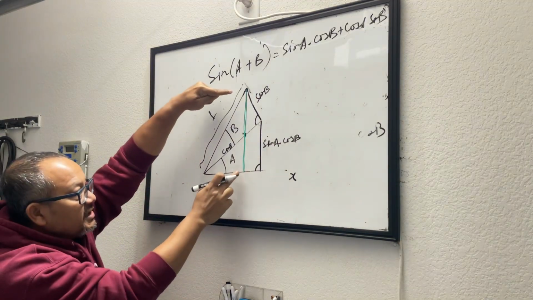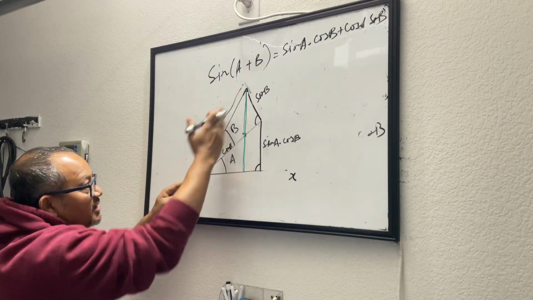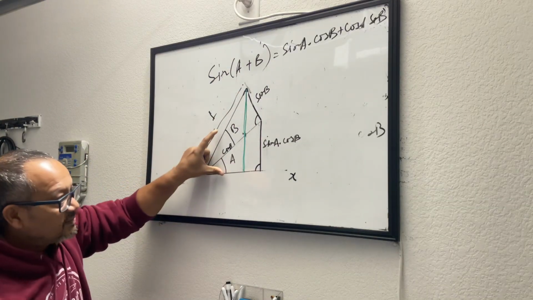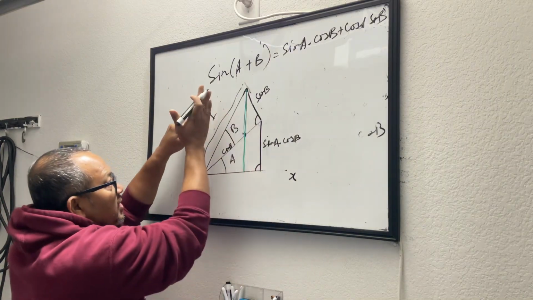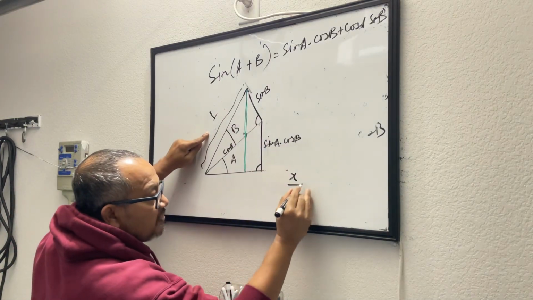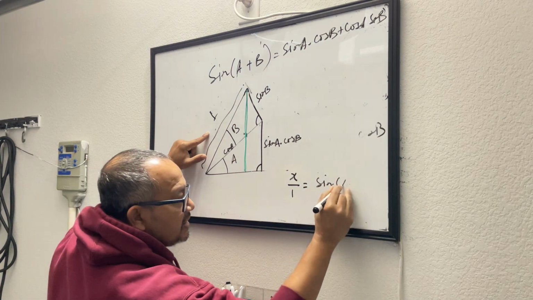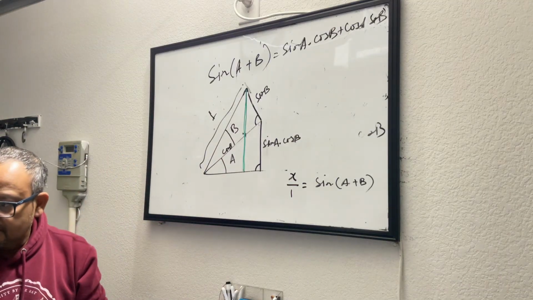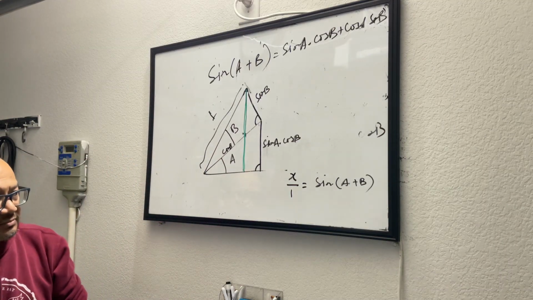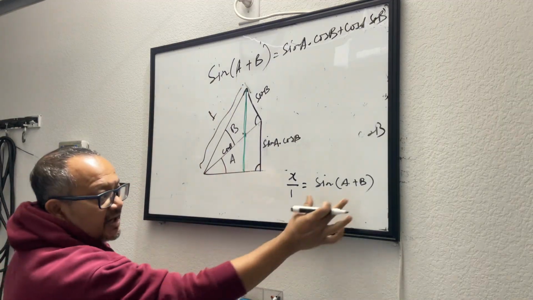So, if this green line is x, this whole angle here to here in this larger triangle is A plus B. So, x over 1 would be equal to sine of A plus B. Yeah? This whole thing is sine of A plus B.